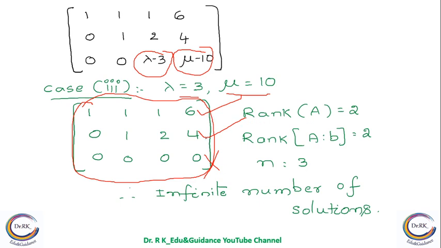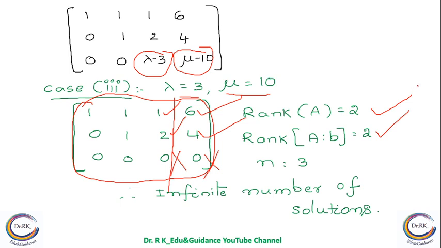That means 2 non-zero rows are there, therefore rank of augmented matrix equal to 2. And if we take the A matrix, this is a non-zero row, this is a non-zero row, this is a 0 row. That means 2 non-zero rows are there, so rank of A is 2.